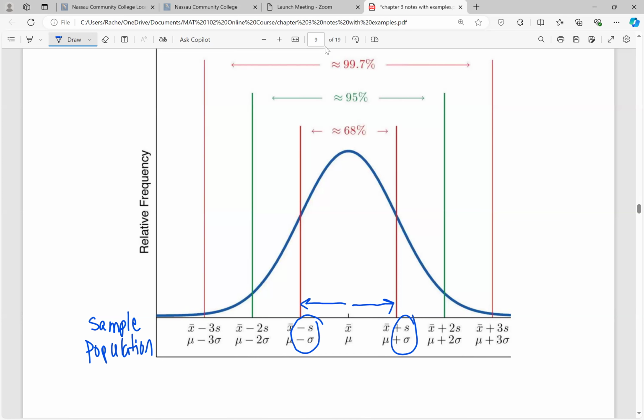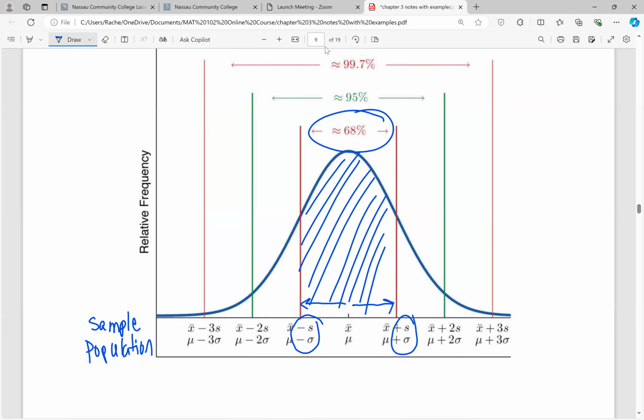I went one standard deviation above and below the mean. Based on this rule, we expect about 68% of our data values to fall within one standard deviation of the mean. Again, this is an approximation, so I have an approximation sign here, not an equal sign. So we expect approximately 68% of our data values in a set to fall within one standard deviation of the mean.